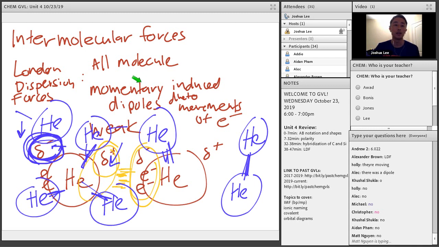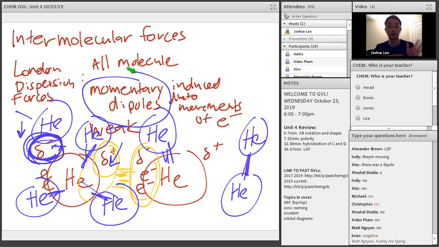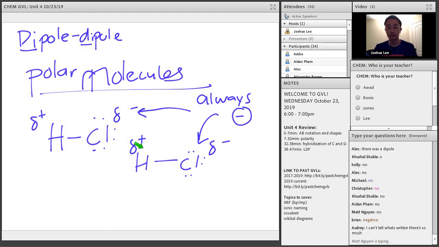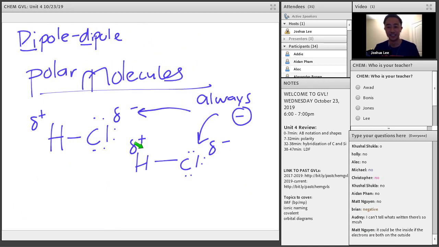So that's why this is a momentary dipole. So this is actually still dipole-dipole because the positive side is interacting with the negative side, but it's momentary. It's there, then it's gone. It's there, then it's gone. Yeah. So for polar molecule, it's basically like London dispersion forces that are permanent.